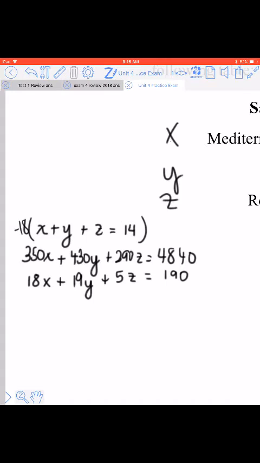And then negative 18y plus 19y, that's going to give me a y. And then negative 18z and a 5z, that's going to give me negative 13z. And then when I multiply 14 by negative 18, that's negative 252.